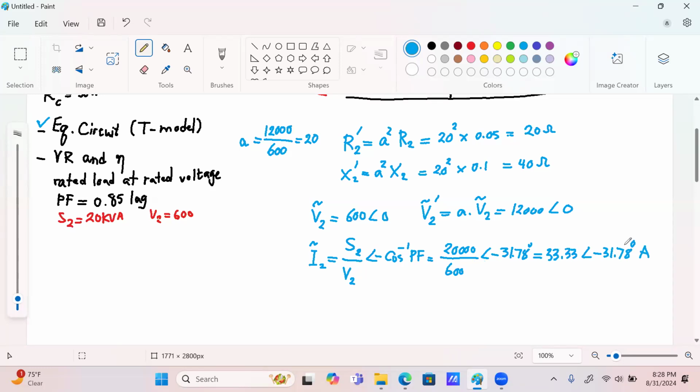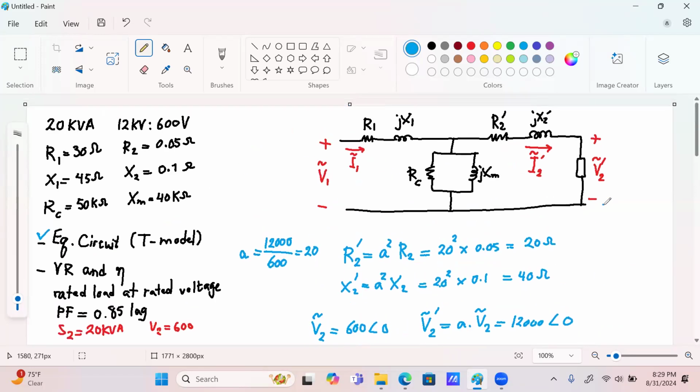We are, however, interested in I2 prime because everything is referred to the high voltage side. So for I2 prime, notice that for voltage, we multiply the secondary by A. For current, we divide the secondary by A. So that's 33.33 divided by 20, which will be 1.67 with angle negative 31.78 amps. Now I'm ready to solve this circuit.